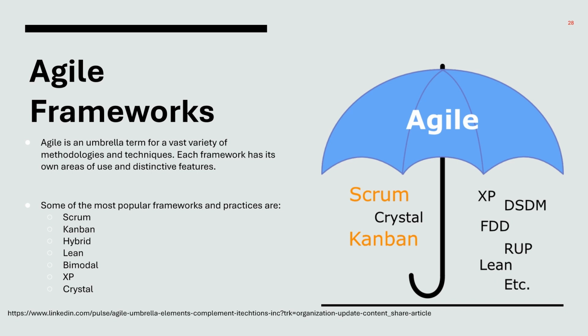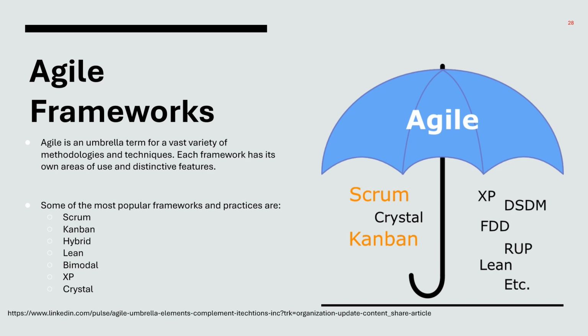And moving to lean, the lean framework promotes fast software development with less effort, time, and cost. The development cycle in a lean framework is as short as possible. And next, moving to bimodal, this approach follows the traditional waterfall combined with agile.